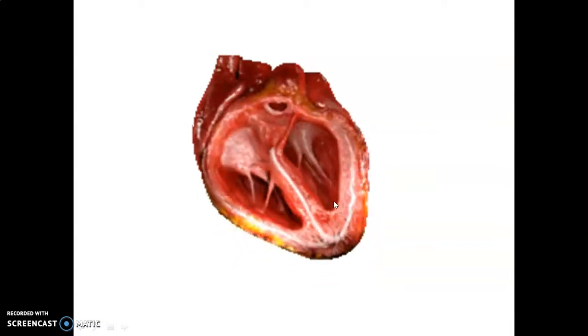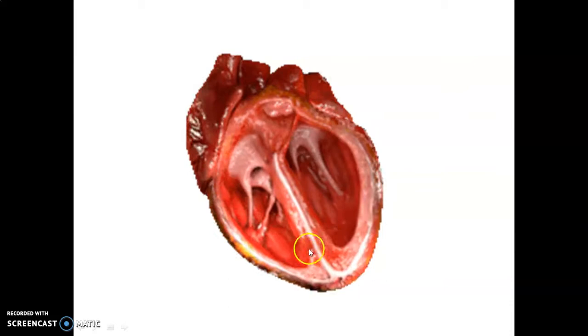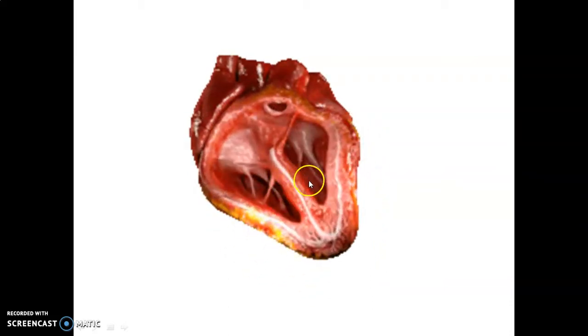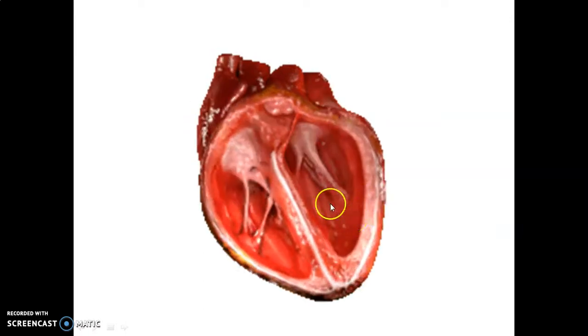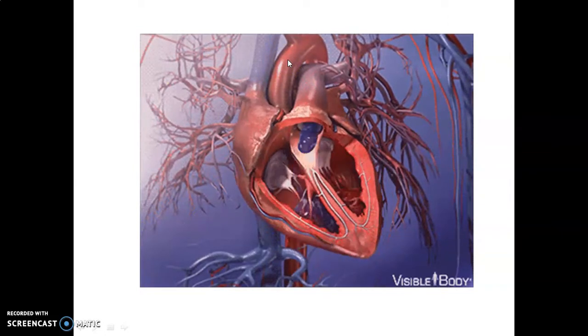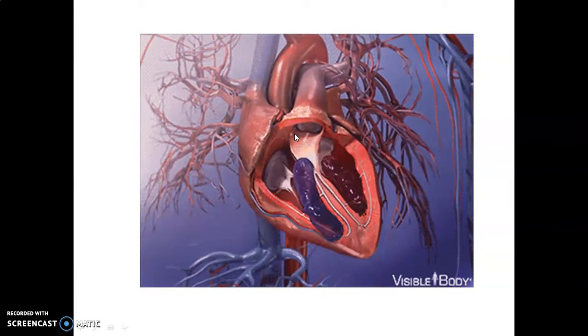Clear? Then the openings of the right and left ventricles into the pulmonary artery and the aorta respectively are provided with semilunar valves.